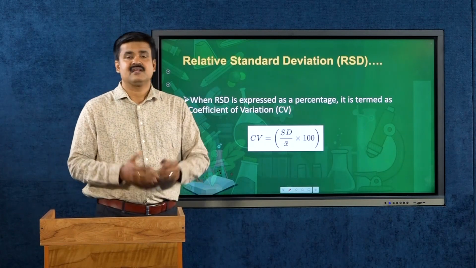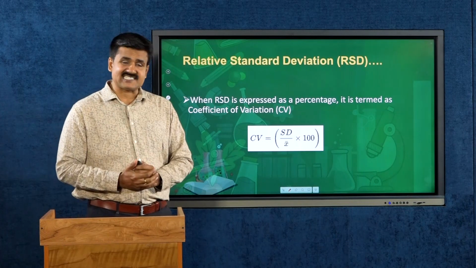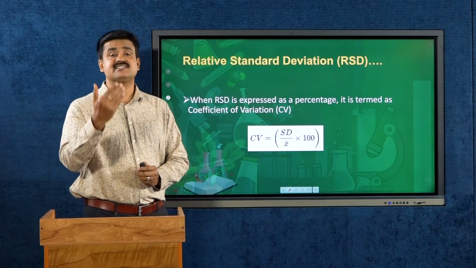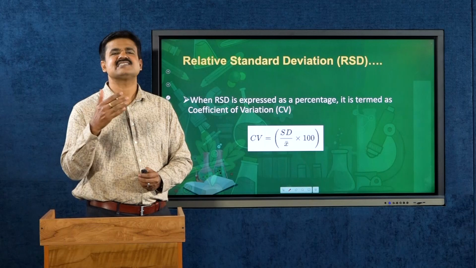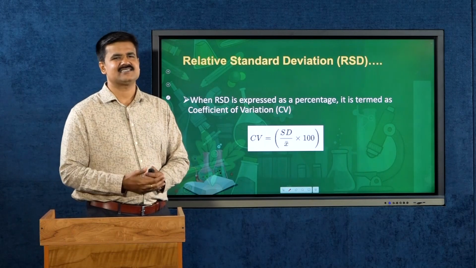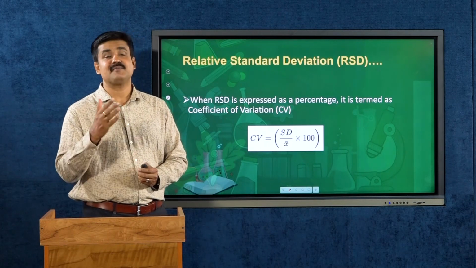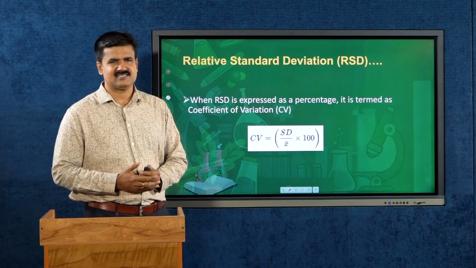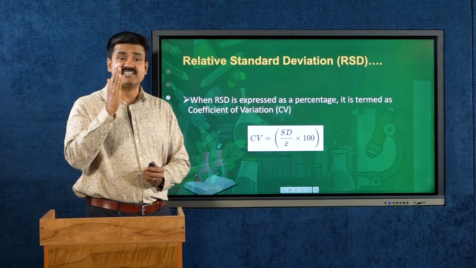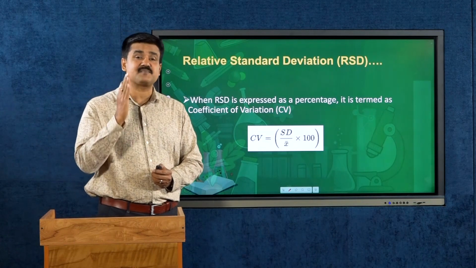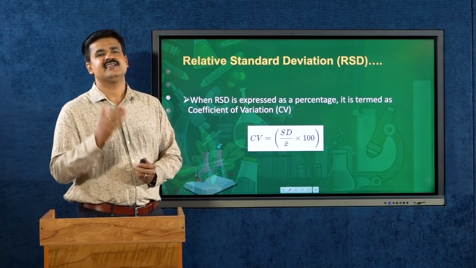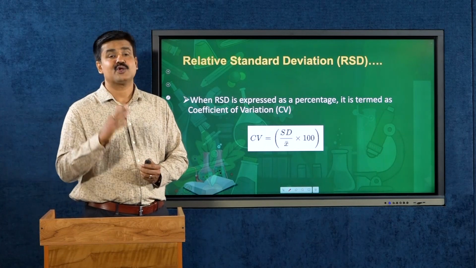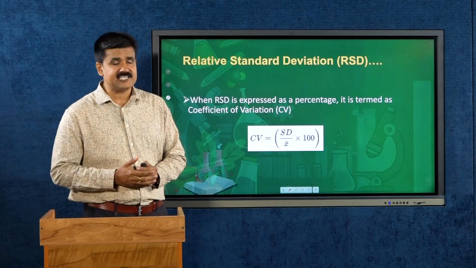Now, it is possible to express relative standard deviation as a percentage. That is, relative standard deviation can be multiplied by 100. When relative standard deviation RSD is expressed as a percentage, it is termed the coefficient of variation.